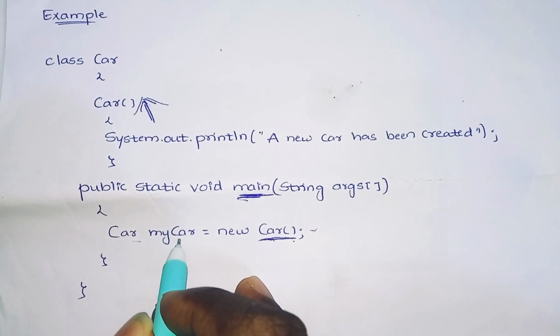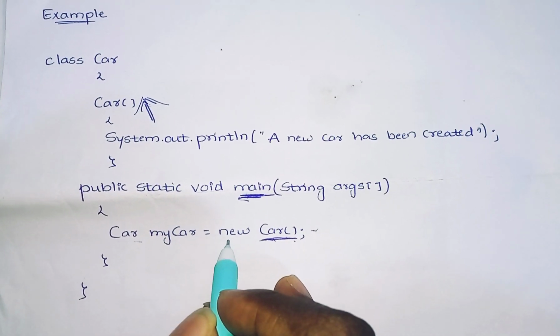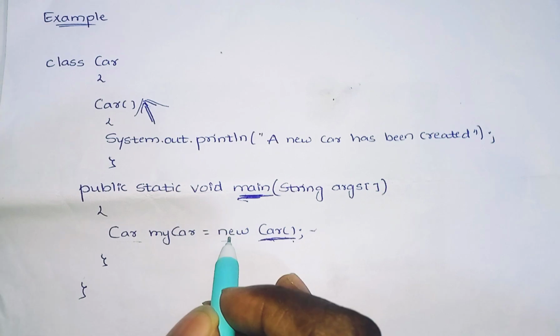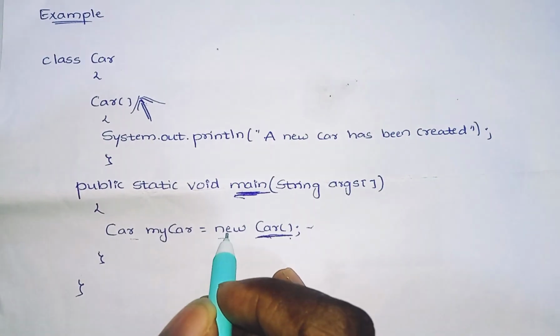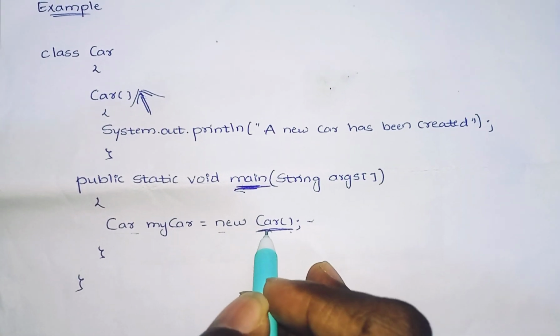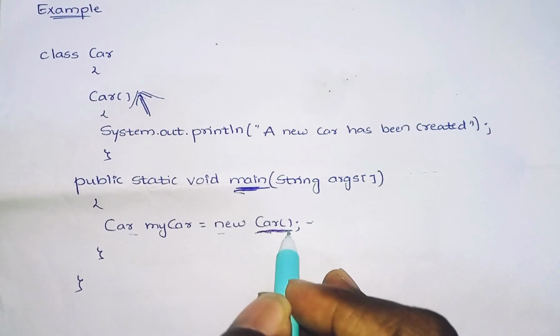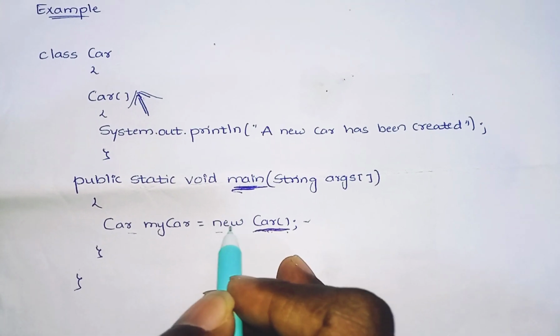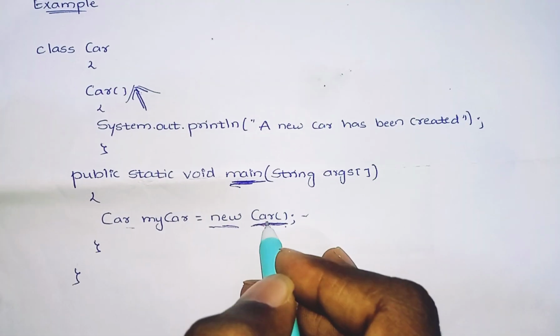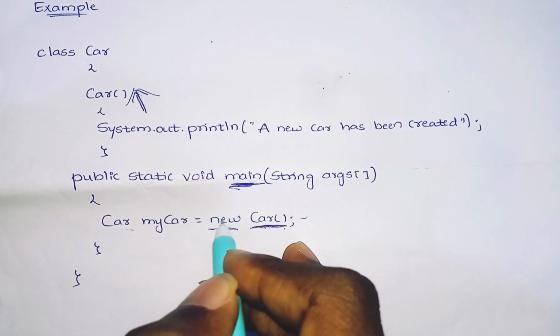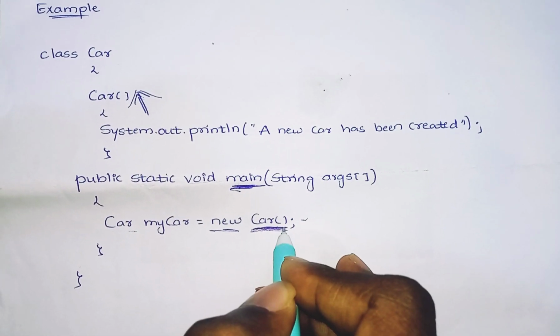Here myCar is a reference variable, equals the new keyword. The new keyword is used to create an object for the class, followed by Car. This Car is the constructor that is automatically called when you create an object using the new keyword.